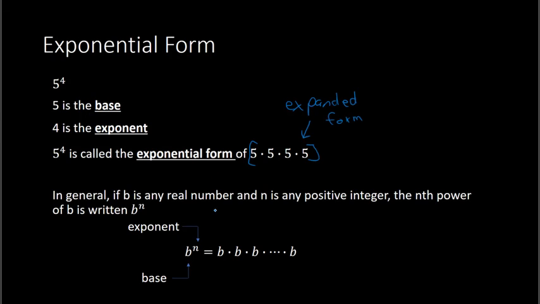And then right here, these b's that we're multiplying together, those are called factors. And there will be n of them. So whatever this number is for your exponent, that is the number of factors that we have. So if we had, let's say 5 times 5, the 5 is called your factor because that's what you're multiplying together.